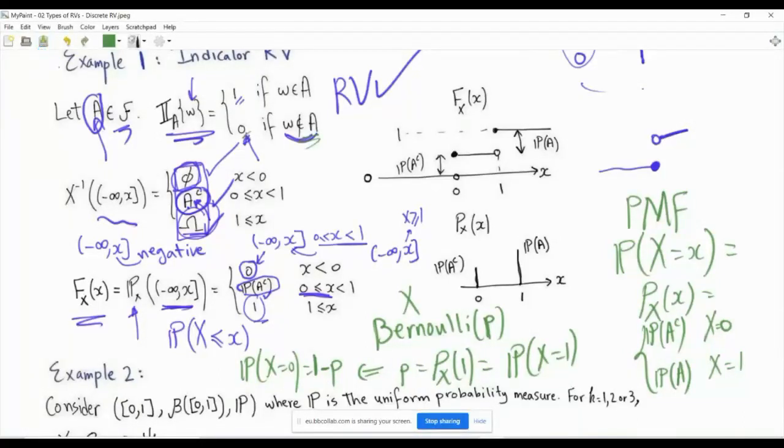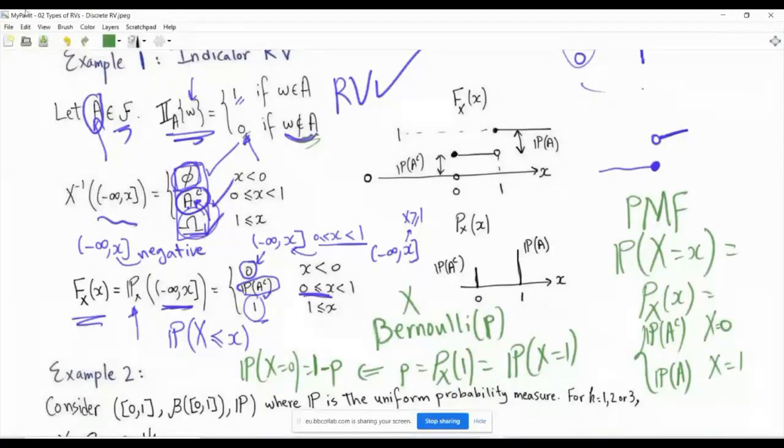And you can use the Bernoulli random variable without even thinking about big omega, the sigma algebra, or set A. You can forget about all these things, and you can just say, I have a random variable that is 0 with a particular probability, let's say 0.7, and 1 with probability 0.3. And you can live happily and do many things without attaching things to a sigma algebra.